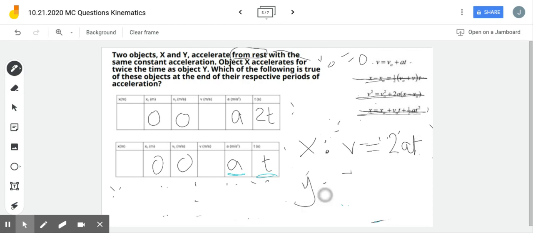For y, v equals v naught is 0 again, and at is just at. So we can see that x actually is only twice as fast as y. Here's the at, so basically object x is moving twice as fast as object y.